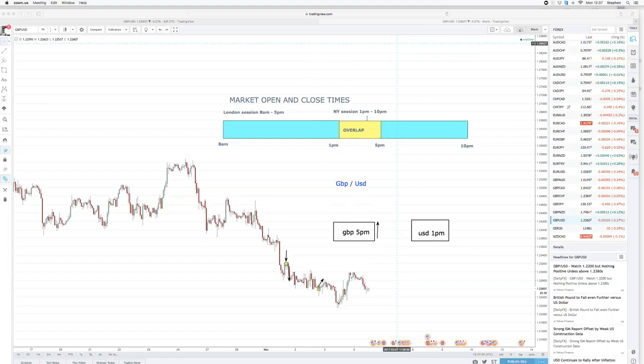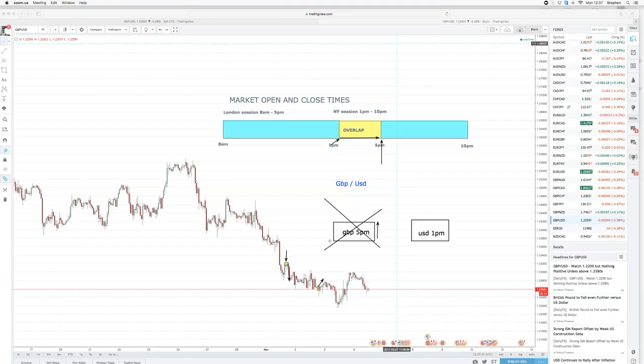And at the close of the market at 5 o'clock, which is here, the US session have already been selling their products since 1 o'clock. Yep, so they've got 4 hours of their shop actually being open and trading. So technically what we're going to be doing, as soon as Mr. Pound shop shuts at 5 o'clock, the US dollar shop no longer has any competition.